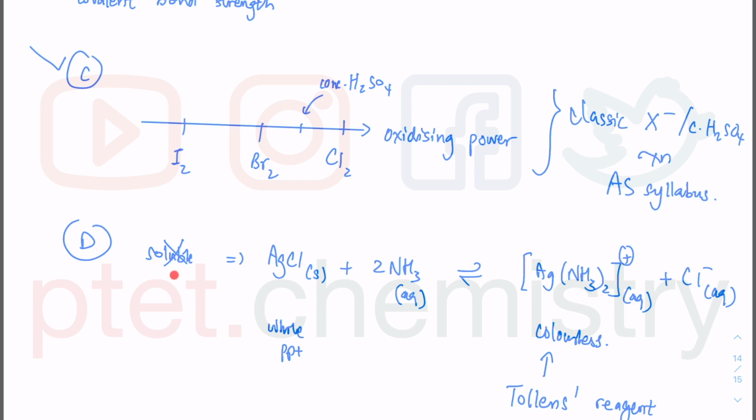Okay, so silver chloride is soluble, but silver iodide is insoluble. Silver iodide is insoluble in aqueous ammonia, not even in concentrated ammonia, so therefore we are left with option C as the only correct answer there.